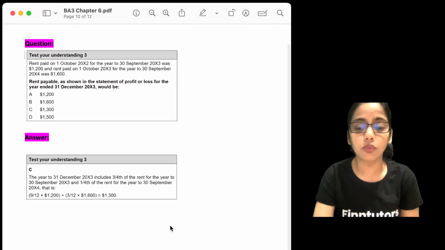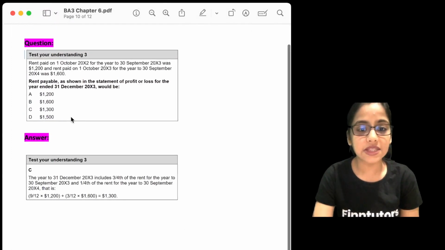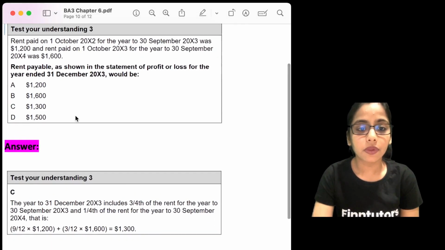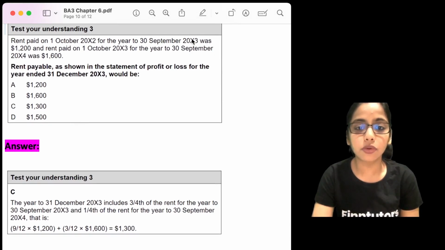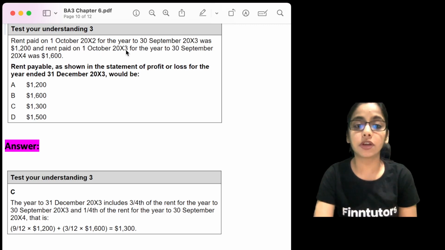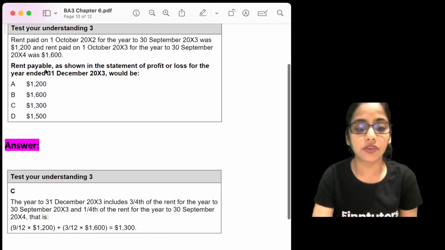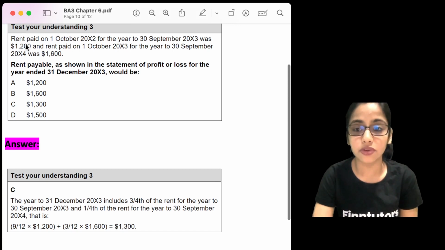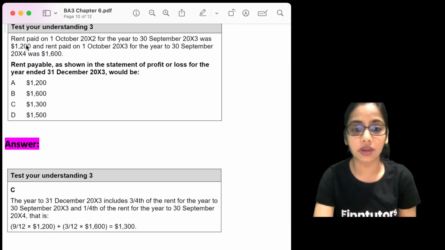Next, we will just go through one example. It says that rent paid on October to December was $1,200 and rent paid between October 2013 to the December 14 end was $1,600. So what will be the rent showable in the statement of profit and loss? For this period, for $1,200, it will be for about 9 months.